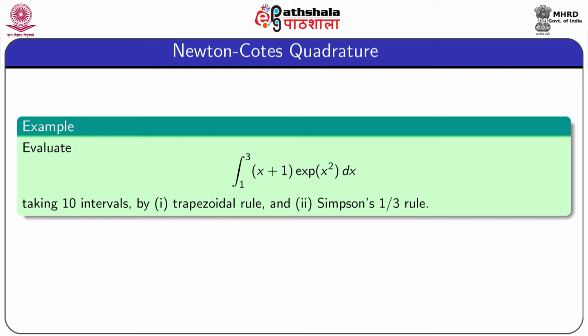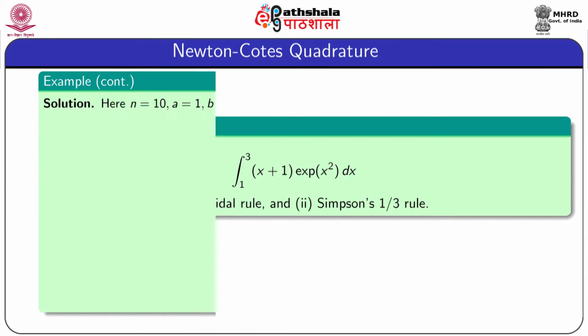Now, we consider one example to illustrate the trapezoidal formula and Simpson one-third formula. Here we consider the integral from 1 to 3 of (x plus 1) e to the power x square dx. We shall calculate the value of this integral by Simpson one-third formula as well as by trapezoidal formula by taking 10 intervals.